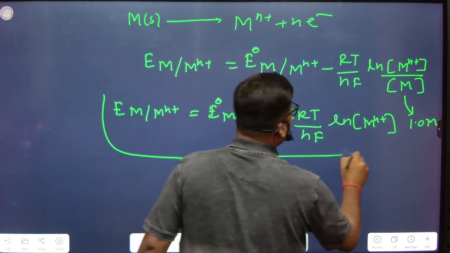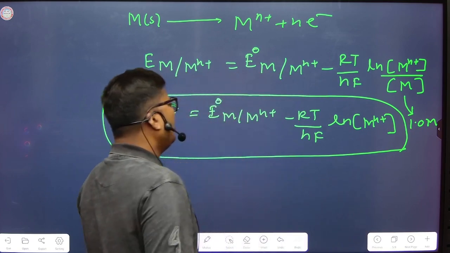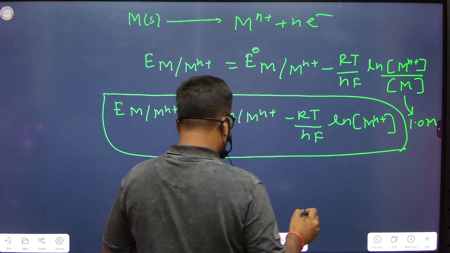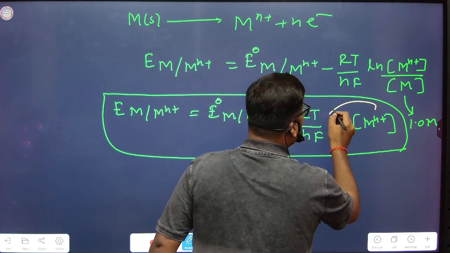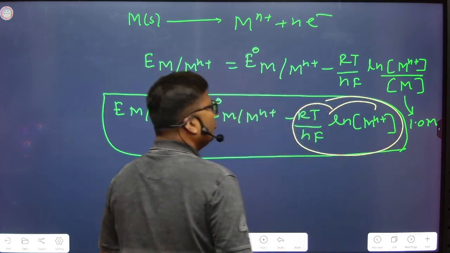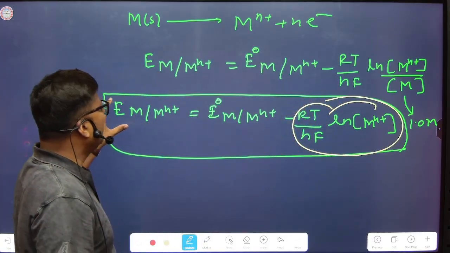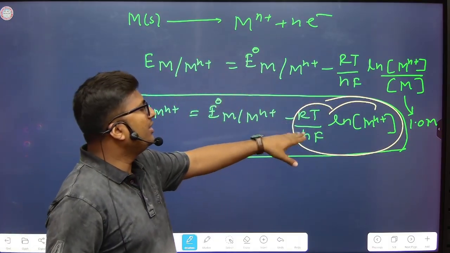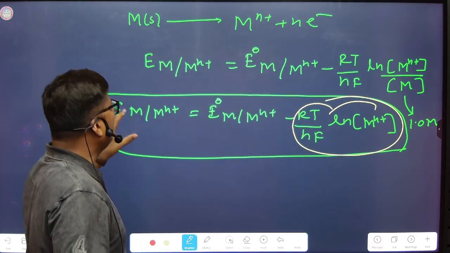Now the resultant electrode potential changes with this value. If this value is low, then there will be a high electrode potential. If this value tends towards a higher value, then the potential will be low.